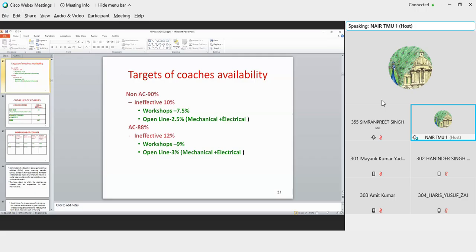And the workshop is the place where a larger amount of input is given to the coaching stock. The operational line or the coaching depots or the sick lines do not have that much time to give a larger level of attention. So that is why you'll find that a lower percentage of ineffectives is given in the open line. Broadly, we give larger ineffective percentages for the workshops.